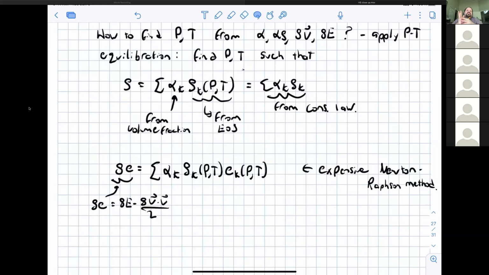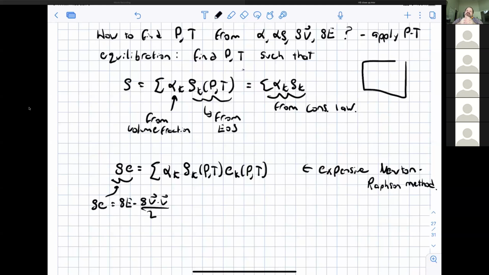With this sort of model, the 5 equation model, what you're implicitly doing is assuming that you are resolving the interface between the gas and liquid, right?